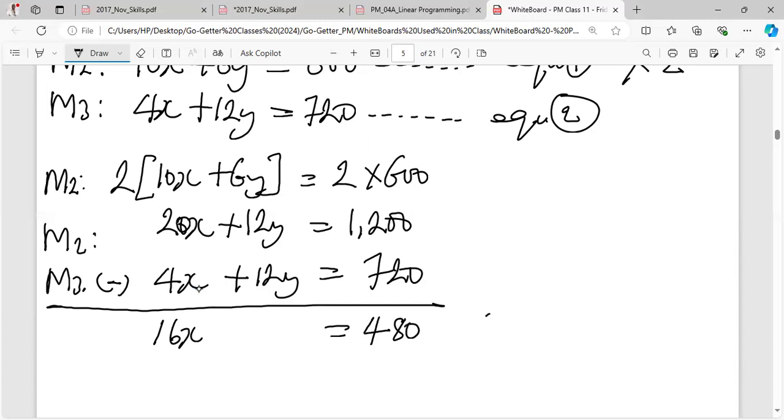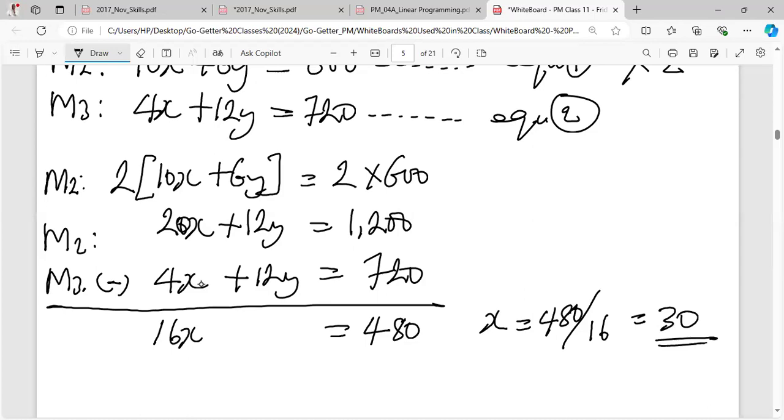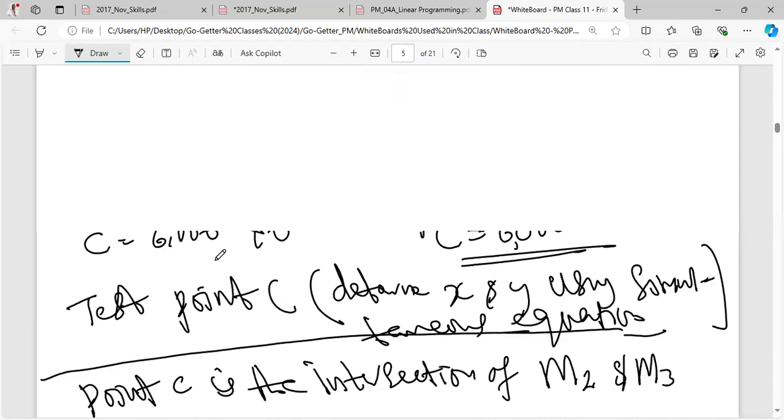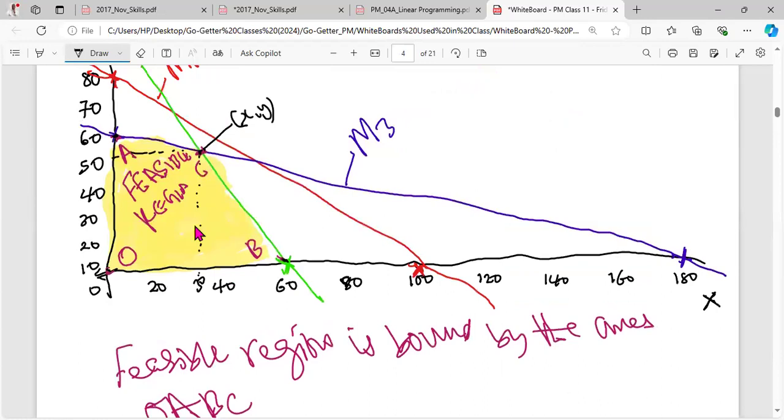So we can say x is equal to 480 divided by 16, which will give us what? We have 480 here divided by 16. That gives us 30. So you see here, if you drew it well, your x was 30.